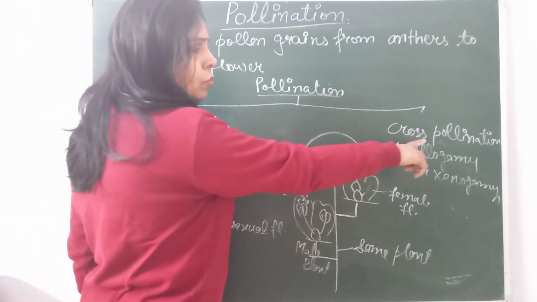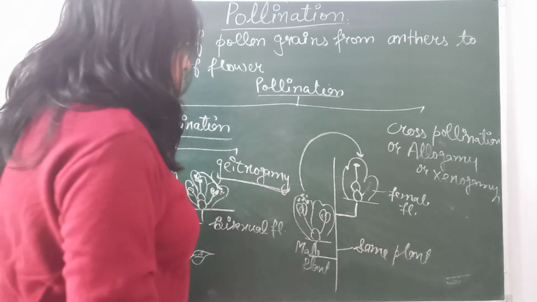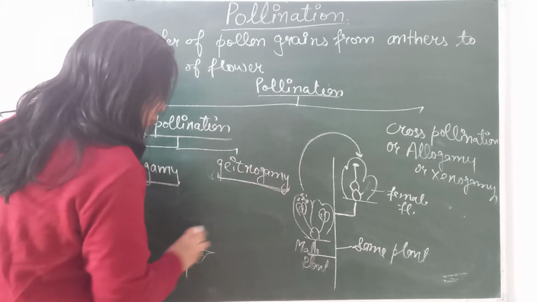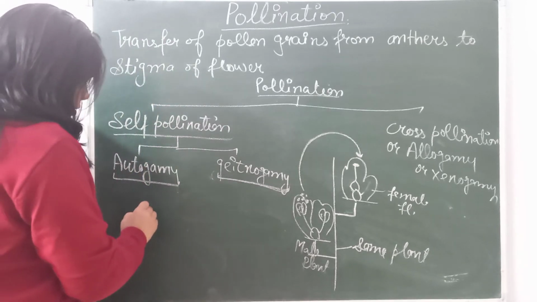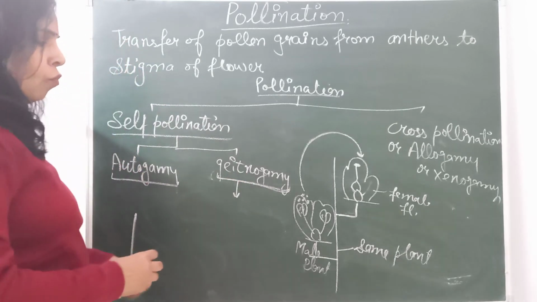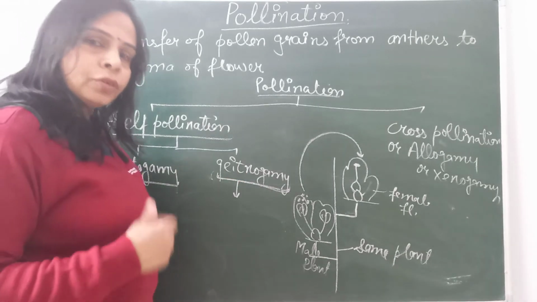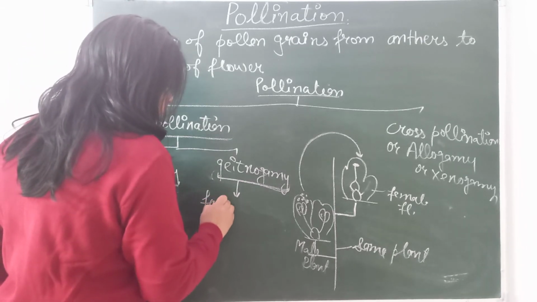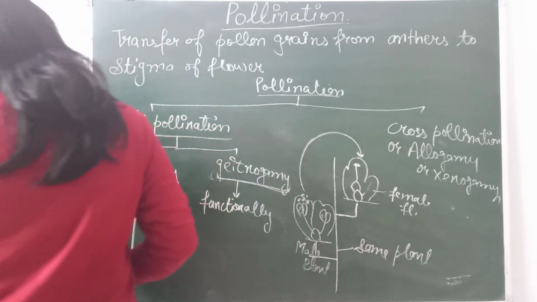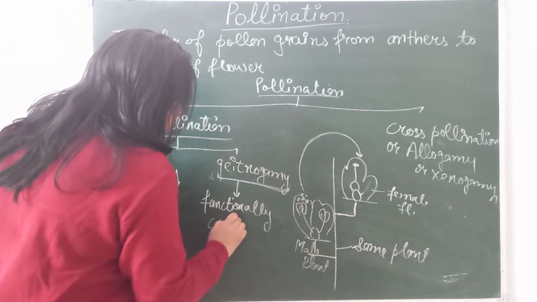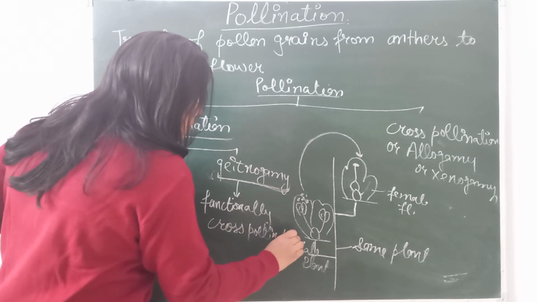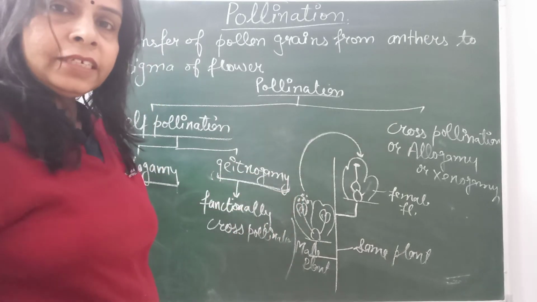This is similar to cross pollination, right? So geitonogamy is functionally similar to cross pollination, right? But is there any change in the genetic material?